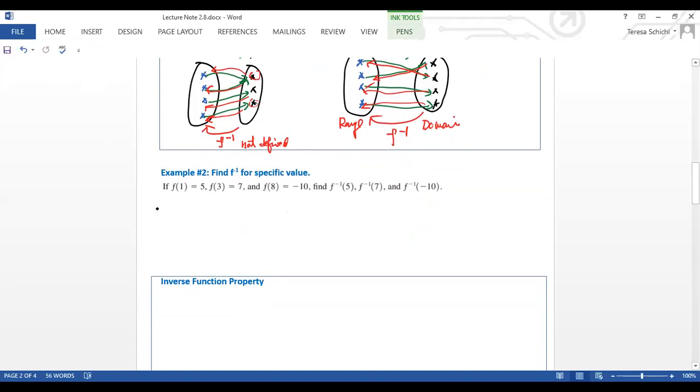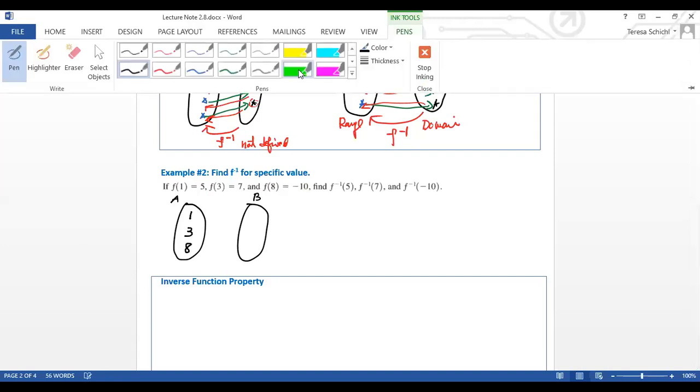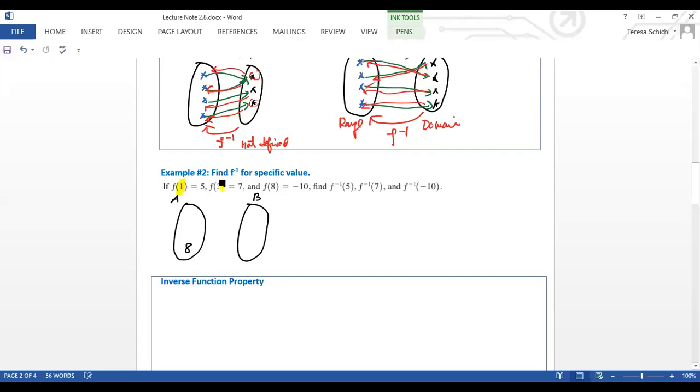So this is A, that's the domain, and this is B. Here I have 1, 3, 8, so that's why these go to the domain here.